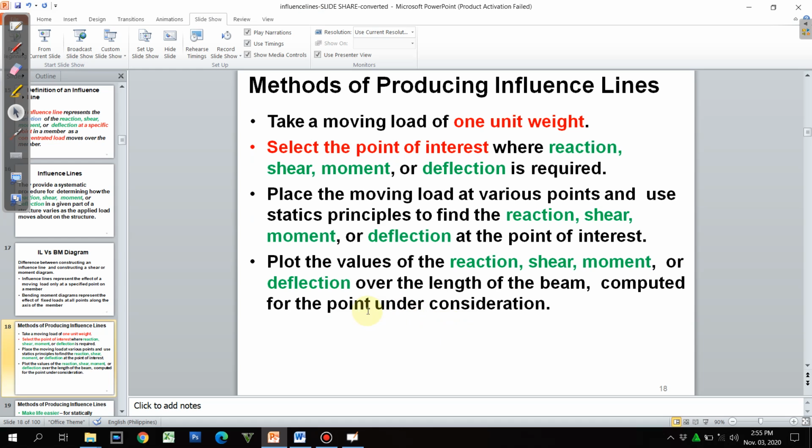Again, as stated here, the point under consideration means your influence line is exclusive for that particular point only, but it does not represent any other point in the beam or structural member.